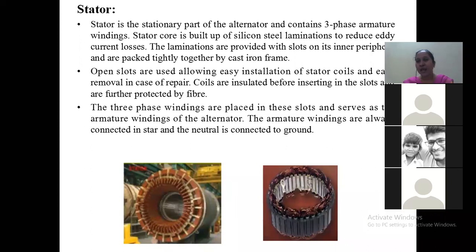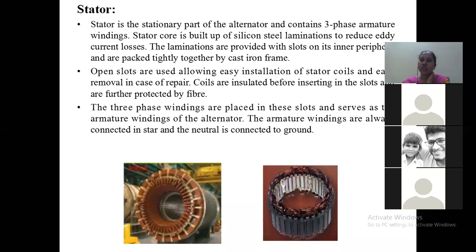Always, anywhere laminations are placed, they are only for the reduction of losses, that is, the eddy current losses. The laminations are provided with slots on the inner periphery and are packed tightly together by the cast iron frame. So inside the laminations, we have the slots.